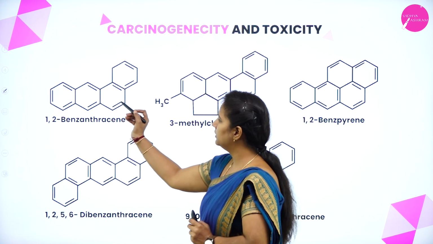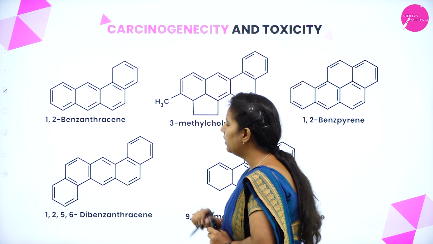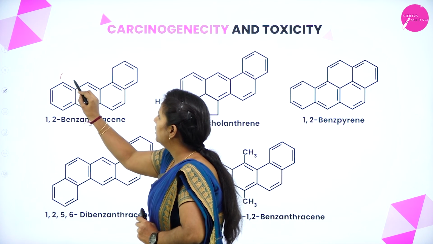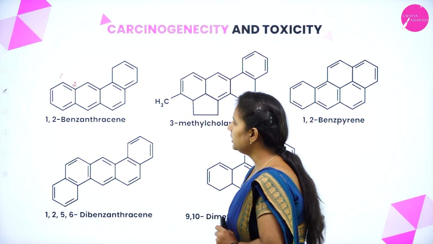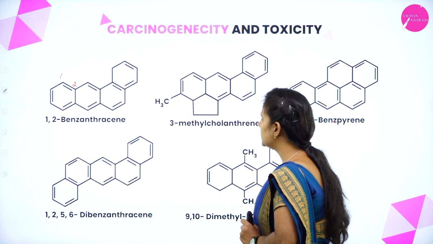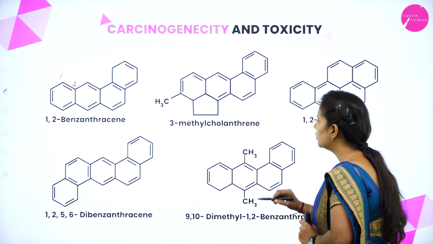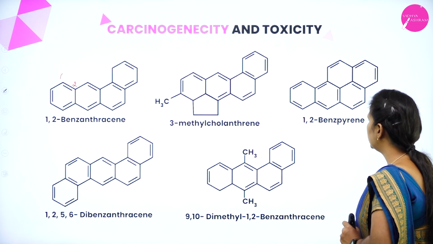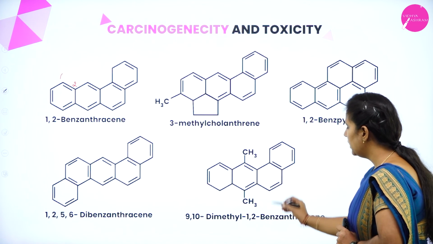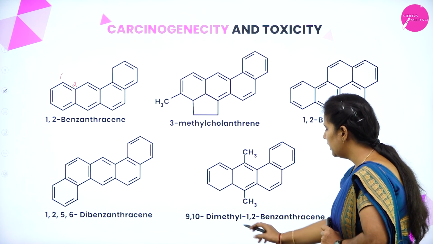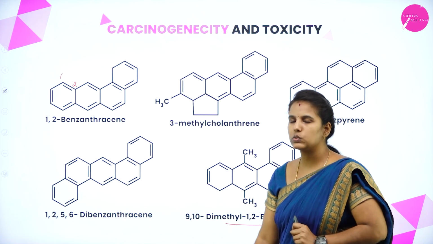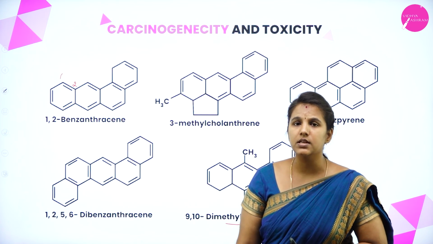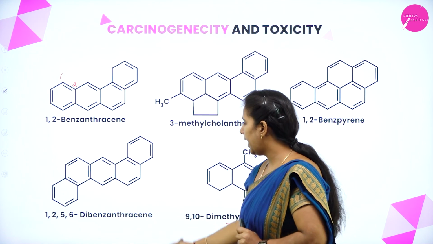You can see that there are 4 benzene rings. So this is 1,2-benzanthracene. This is 3-methylcholanthrene. This is 1,2-benzpyrene, and this is 9,10-dimethyl-1,2-benzanthracene, and this is 1,2,5,6-dibenzanthracene.